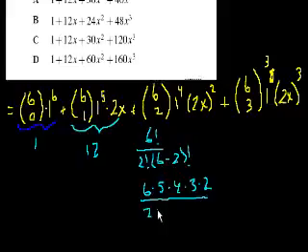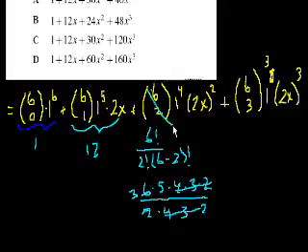That's 4 factorial, so 4 times 3 times 2 times 1. That cancels out with that. The 2 and the 6 cancel out, and you get 3. So you end up with 3 times 5. So the 6 choose 2 becomes 15.